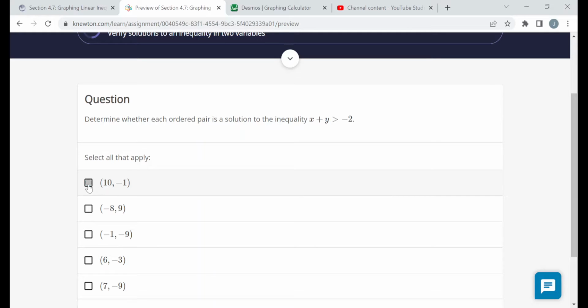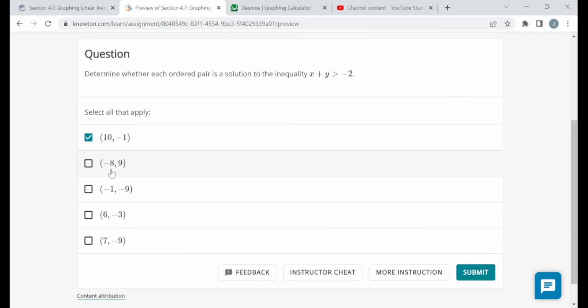That's greater than negative 2, so that's a solution. Negative 8 plus 9 is 1, which is greater than negative 2, so that's a solution. Negative 1 plus negative 9 is negative 10, which is not greater than negative 2, so this is not a solution. I'm not selecting it.